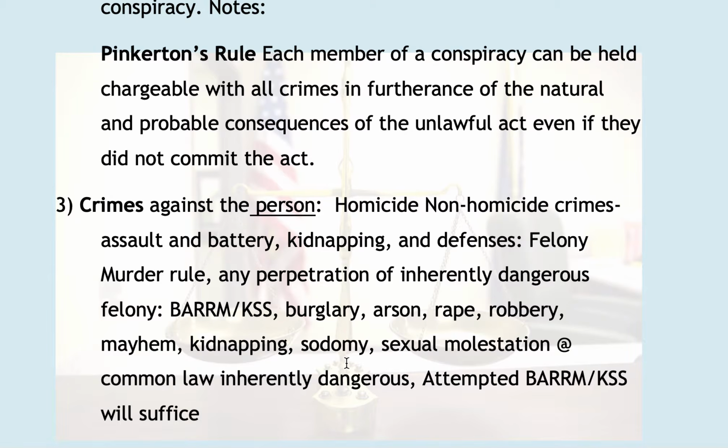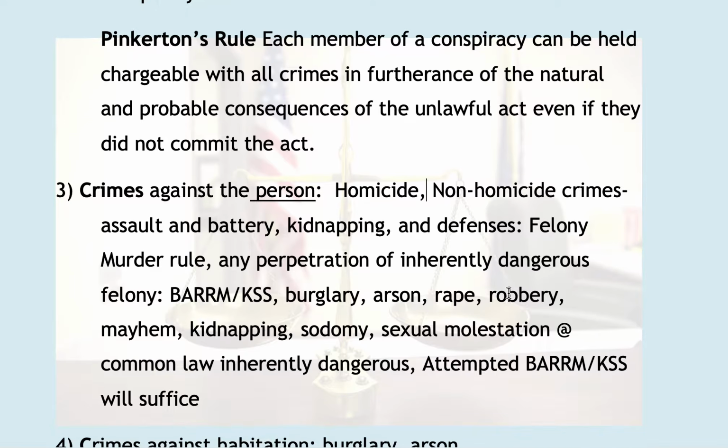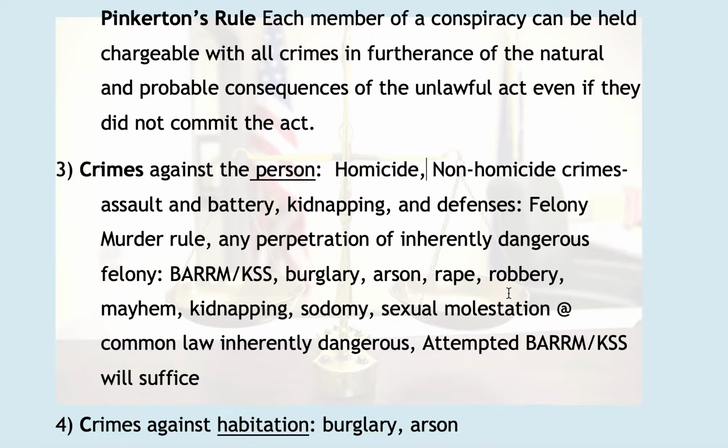Homicide and non-homicide crimes, such as assault and battery, kidnapping, and their defenses, will be discussed below. But remember, there's the felony murder rule and the perpetration of an inherently dangerous felony, BARRMKSS: burglary, arson, rape, robbery, mayhem, kidnapping, sodomy, sexual molestation, at common law, inherently dangerous.